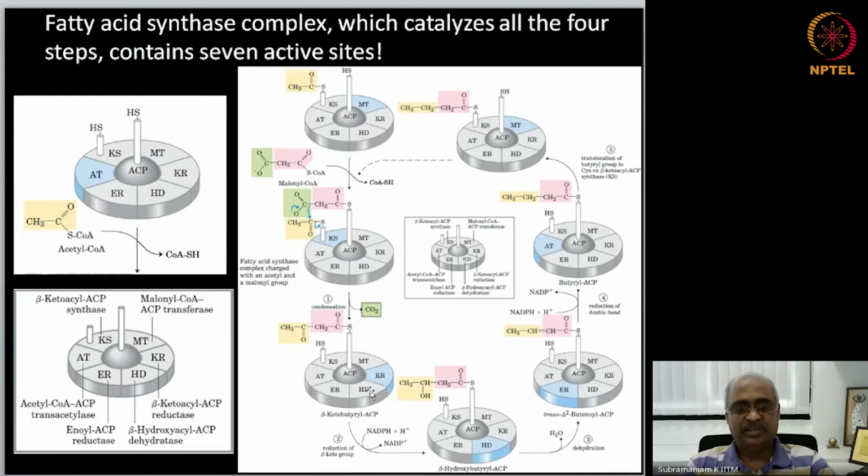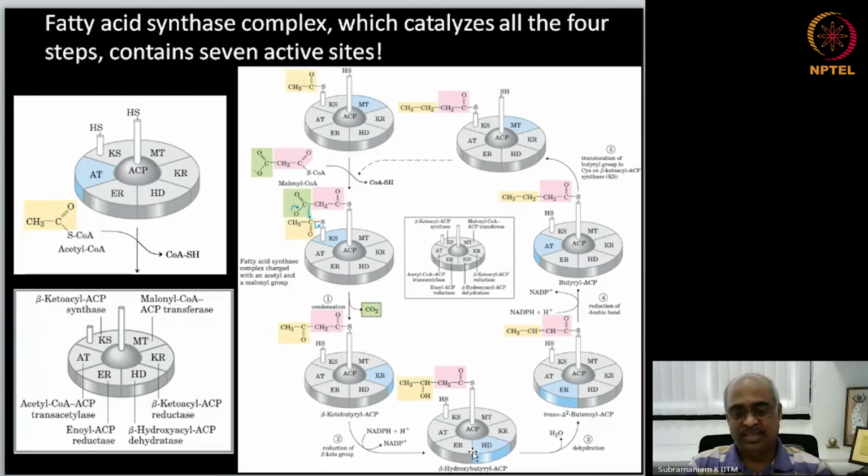So next one is beta keto acyl-CoA reductase. So that is going to reduce this double bond, and you have this beta hydroxybutyl ACP. So at this first cycle it is butyl because it is 4 carbons. So later it will become beta hydroxyacyl as it extends.